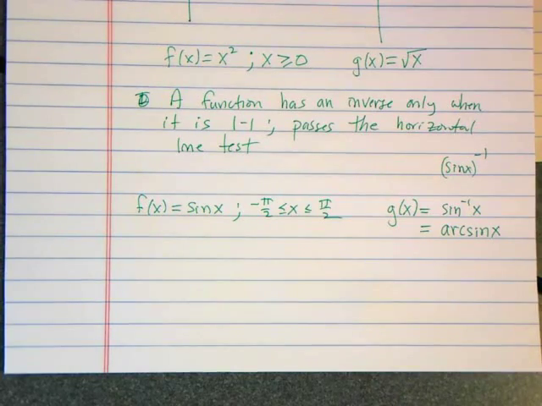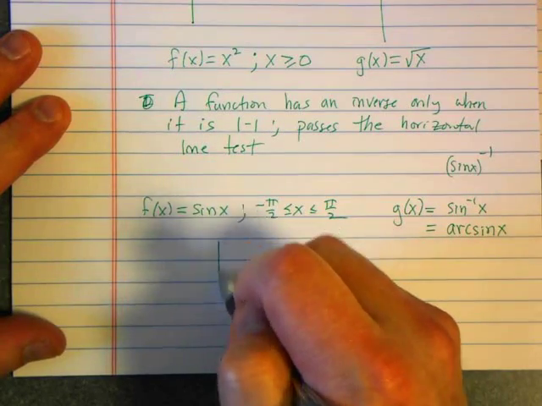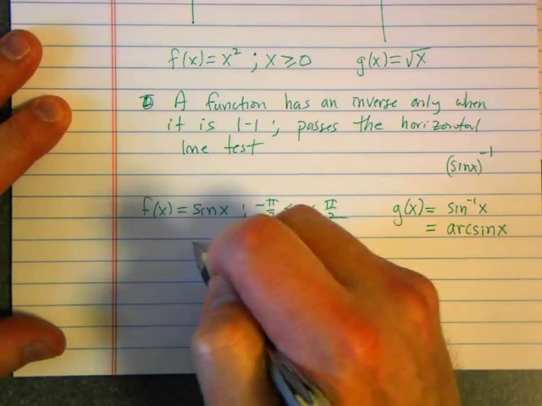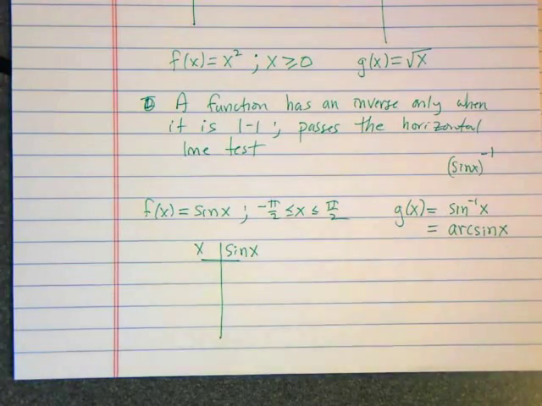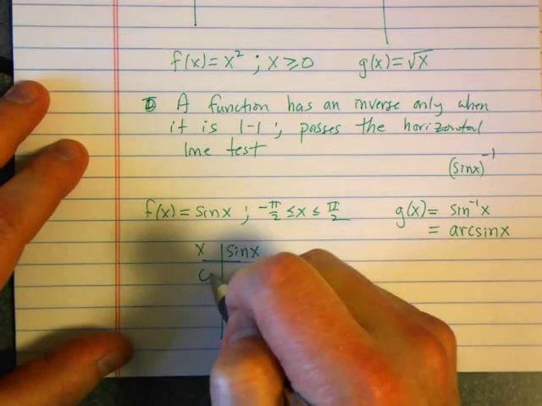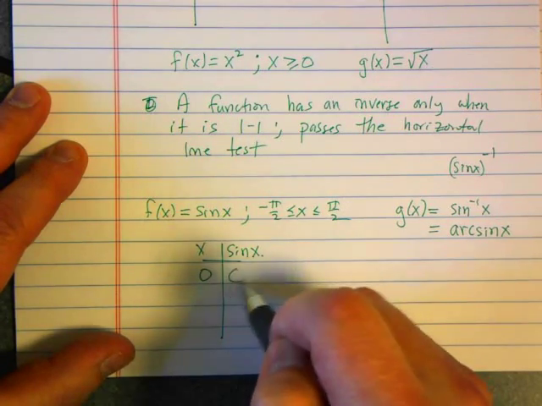All right, I'm going to build myself a little table here. Give me some of your favorite numbers for x in the whole wide world that you would want to plug in. 1. 0 I like. What's the sine of 0? Sine of 0 is 0. I don't think I like plugging in x equals 1 very much.